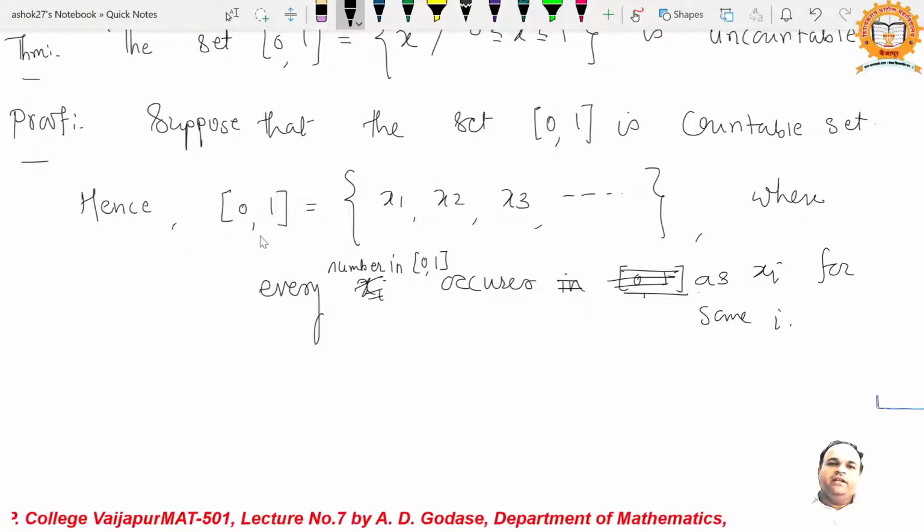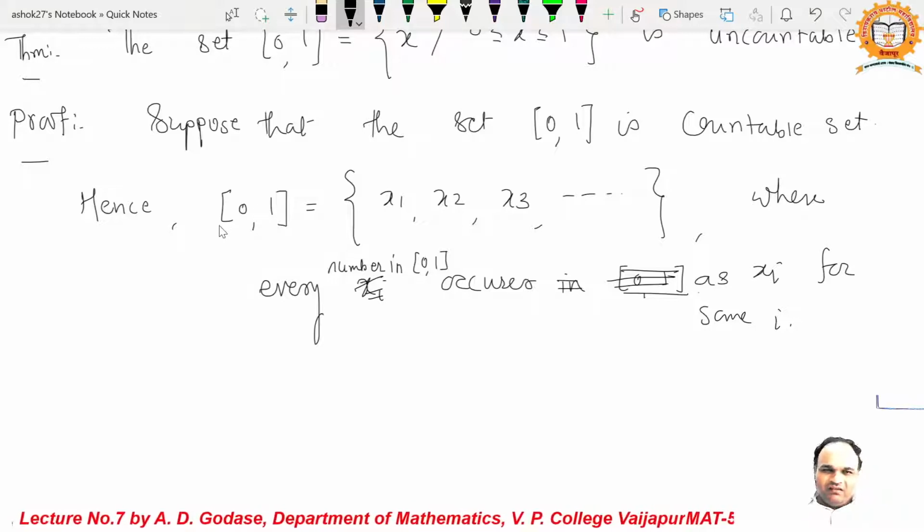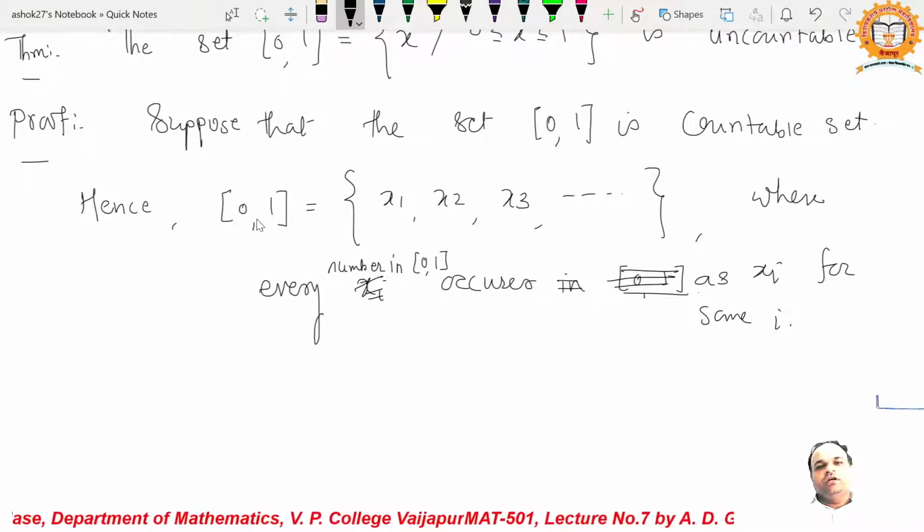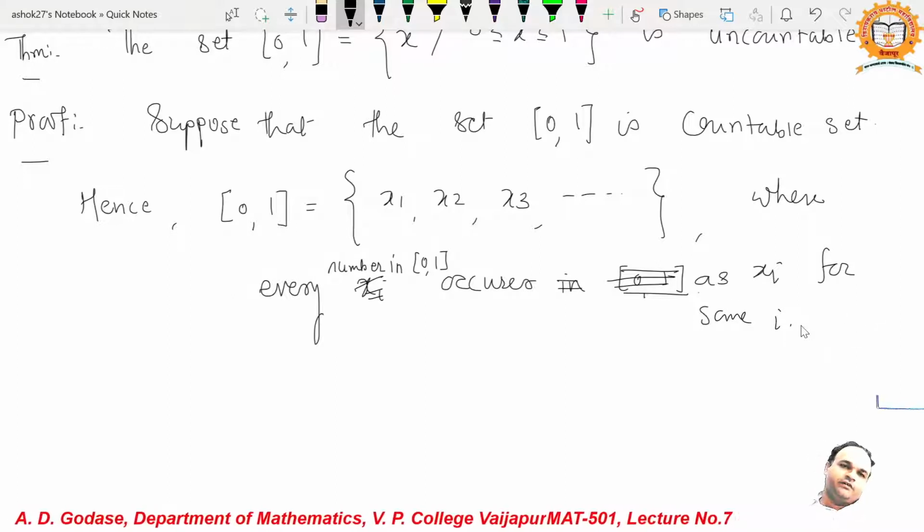This means every real number in the closed interval [0, 1] always lies in this set, that is, it will always be of the form xi for some i.